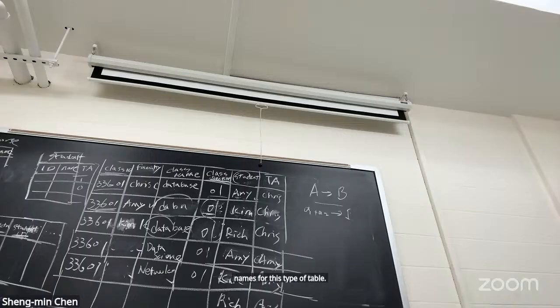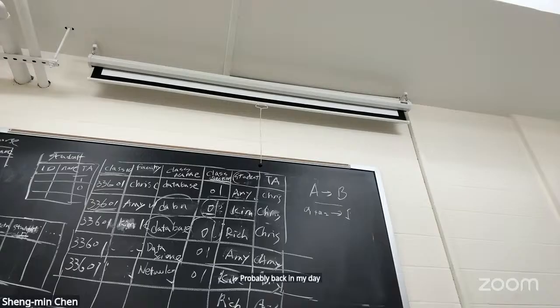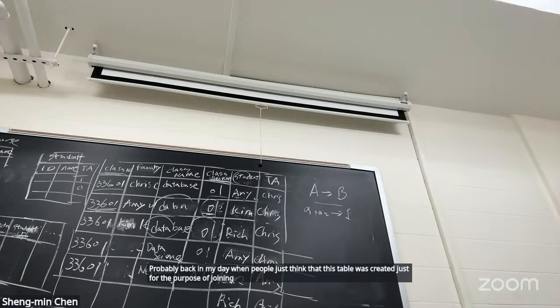Only that you cannot use the word weak when you put primary keys into it. If there are no primary keys in these tables, you can still use the word weak. I don't know why they came up with this word. Probably back in the day people thought this table was created just for the purpose of joining two tables, so it's a weak entity.